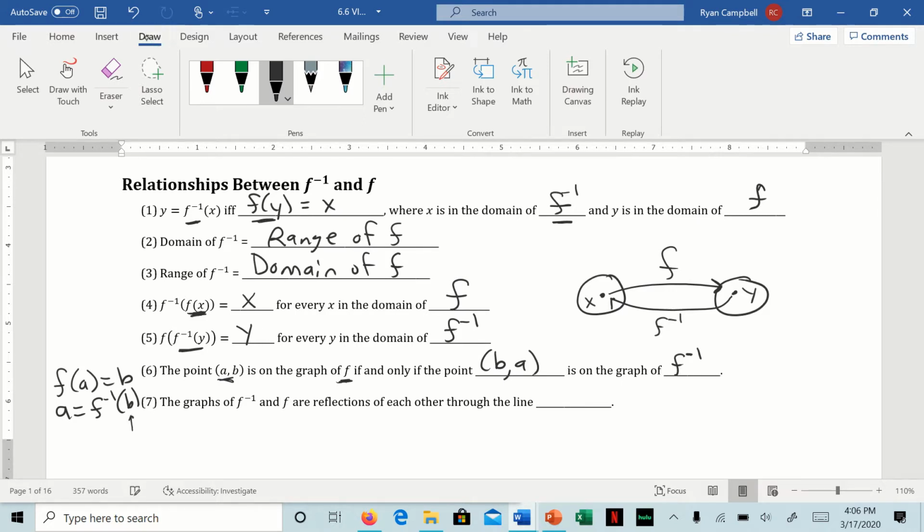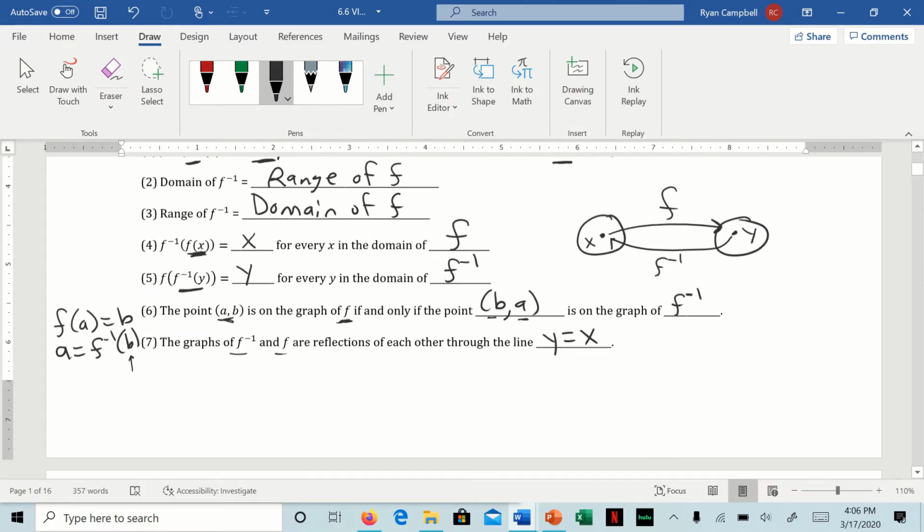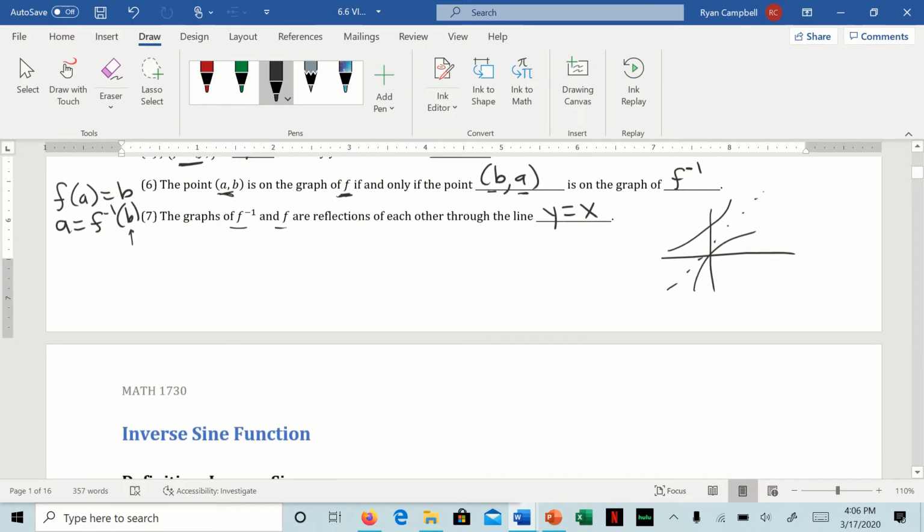We plugged in b, which is why b is first, and then a. Because of this, you end up seeing that the graphs of the inverse and the original are reflections of each other through the line y equals x. They look kind of like that.